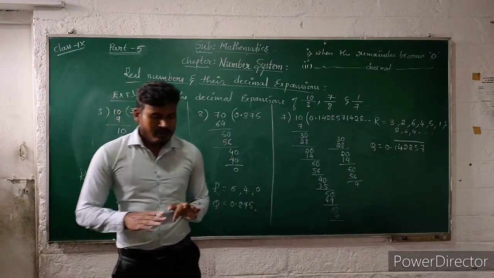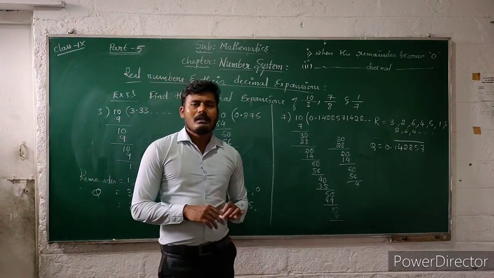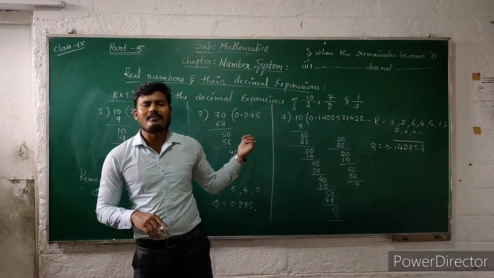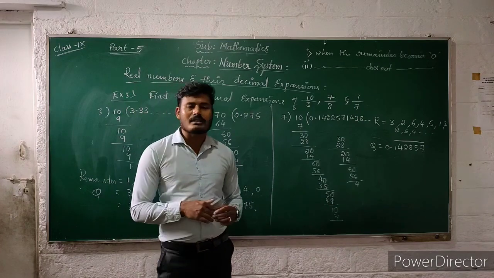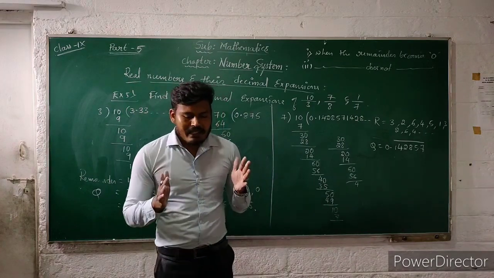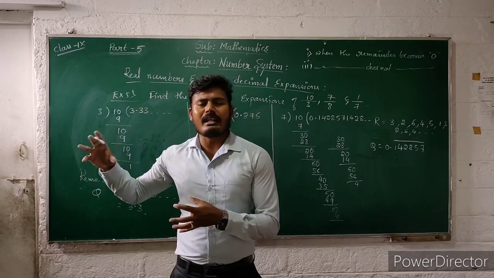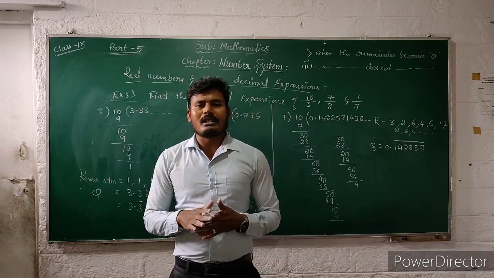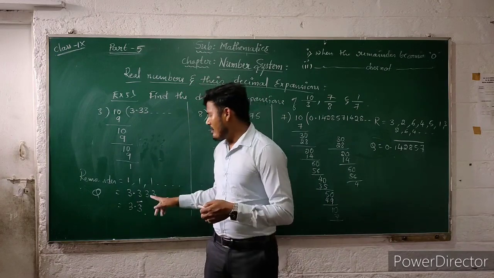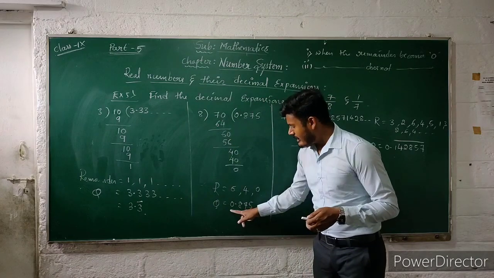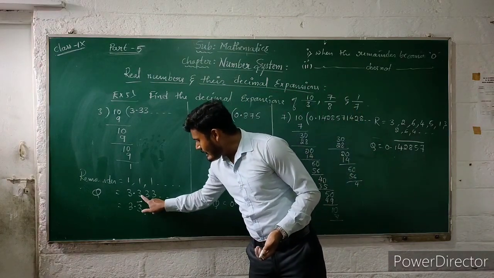So finally, we already know about rational numbers. Here is another definition, which I already told you, for rational numbers. Any number is said to be rational if and only if its decimal expansion is terminating or non-terminating repeating.